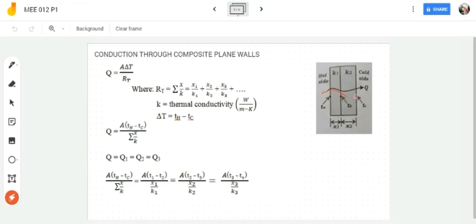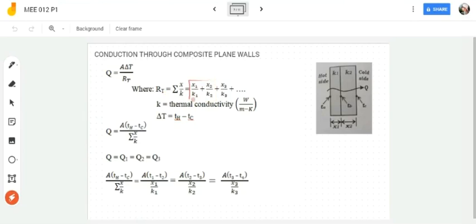And then we will be having the Q, or the heat transfer on the composite wall. Since we have multiple walls here, your RT, or your total resistance, is equal to the summation of your X over K. Since we only have two walls, your total resistance is equal to X1 over K1 plus X2 over K2.